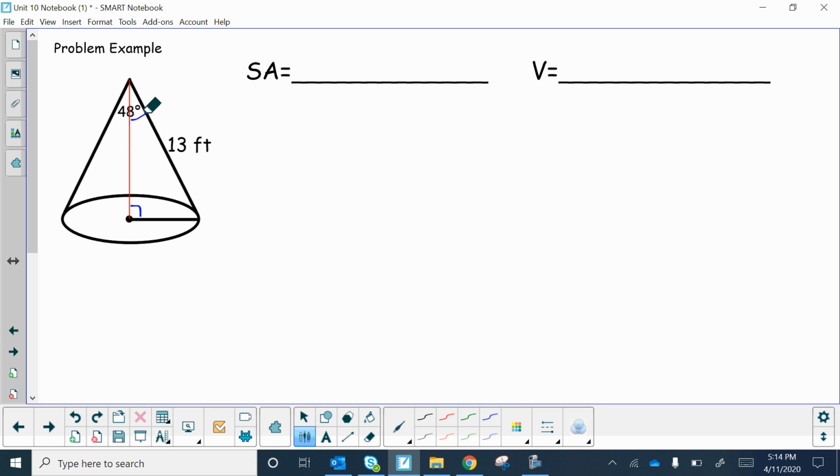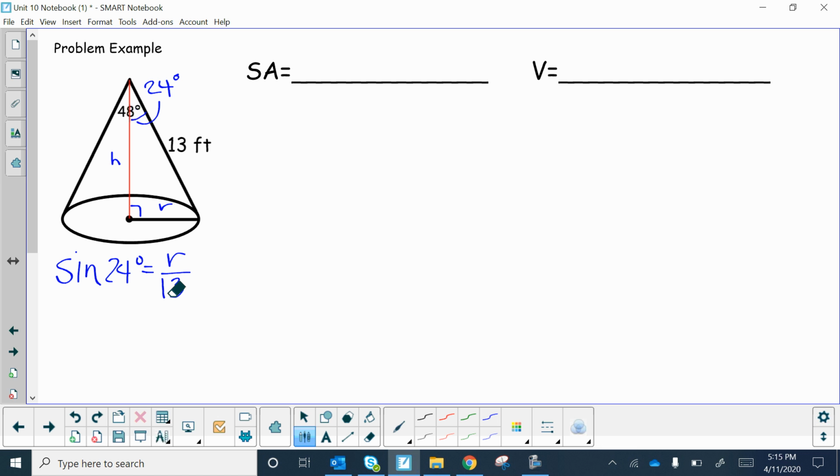So from right there, that's 24 degrees. Now I'm going to use that to find the radius and the height. Then I'll be able to plug my numbers into my formula. I have this hypotenuse, and I'm going to search for the opposite side. So I'm going to use sine of 24 degrees equals opposite, which is r, over hypotenuse.